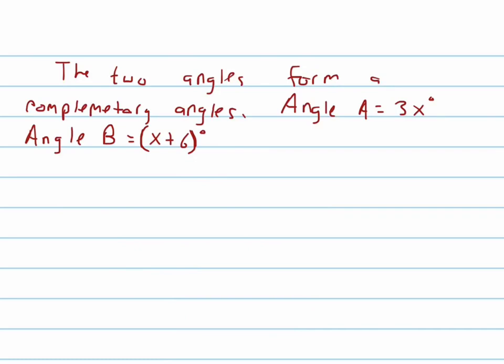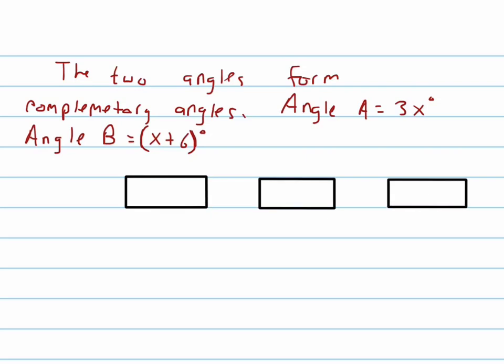Alright. There are two angles that form complementary angles. Angle A is 3x, and angle B equals x plus 6. So we got to make an equation here. So let's start.